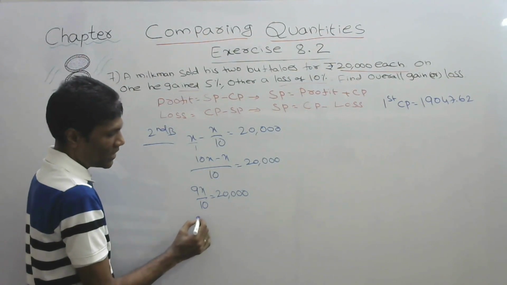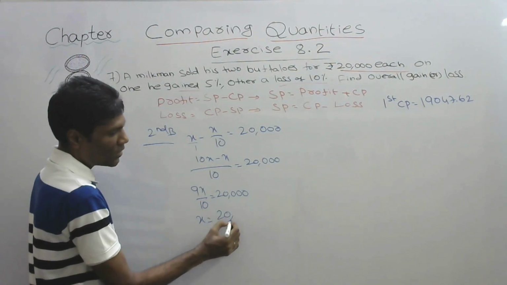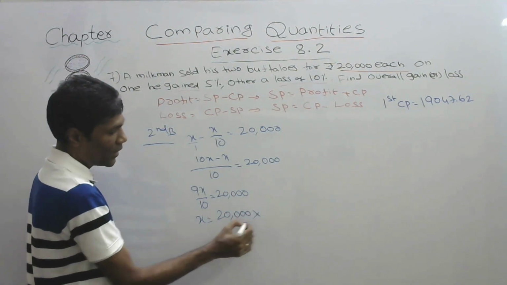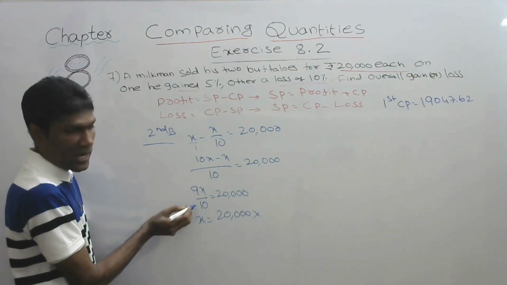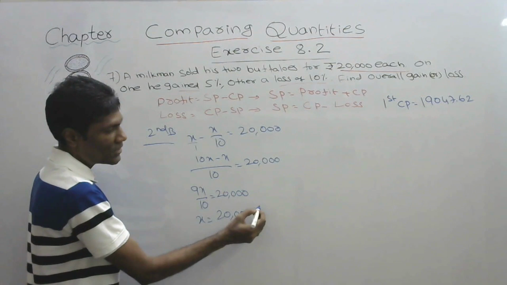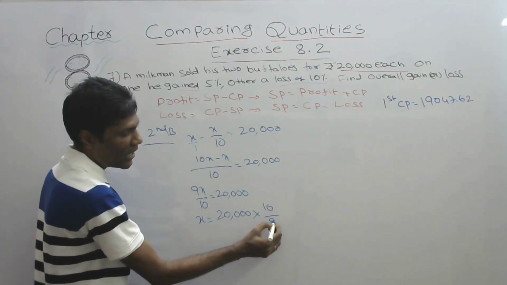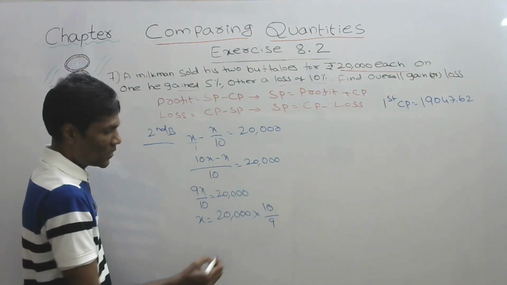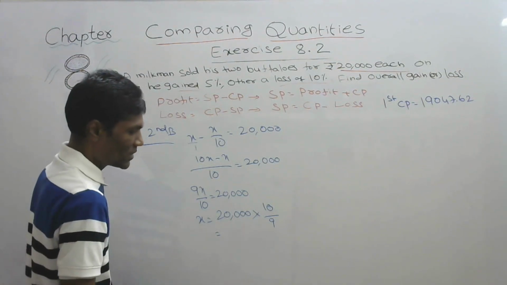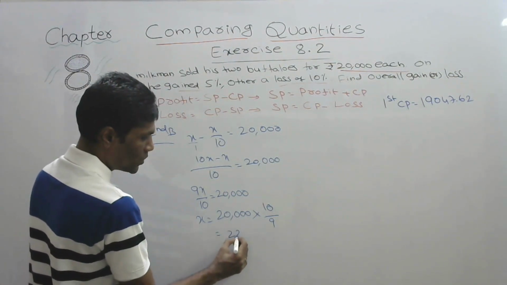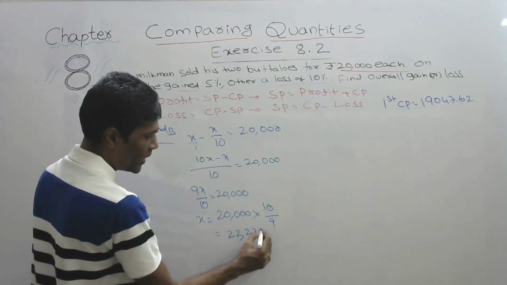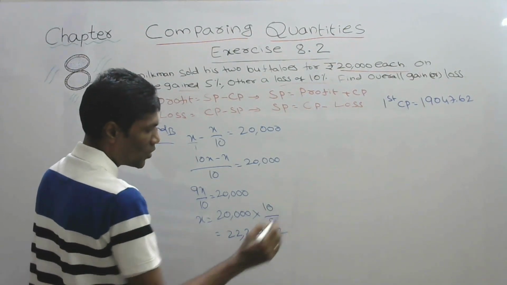That implies X equal to 20,000 into, this is 9 by 10, when it goes to other side, it will become 10 by 9. So when we solve this, we will get 22,222 rupees 22 paisa.